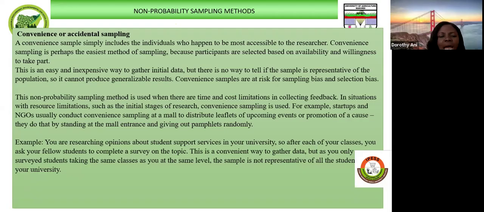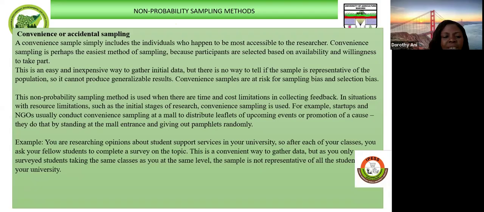For example, startups and NGOs usually conduct convenience sampling at a mall to distribute leaflets of upcoming events or promotion of a course. They do that by standing at the mall entrance and giving out pamphlets randomly. Example, you are researching opinions about students' support systems in your university.